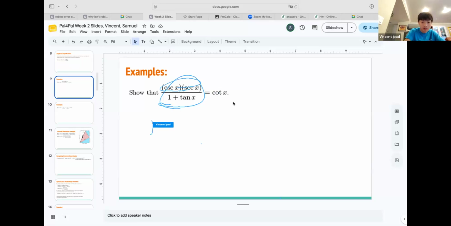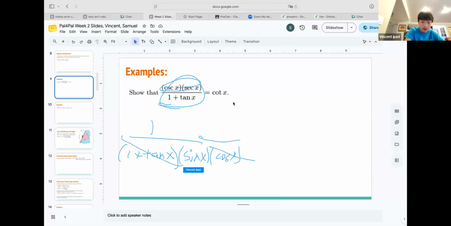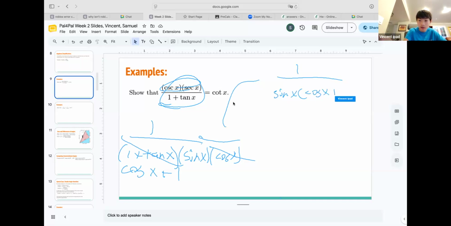You get 1 over 1 plus tan x, sine x cos x. This is sine over cosine, so the cosine can cancel out here, and you get cos x plus 1. So you're left with 1 over sine x times cosine x plus 1.